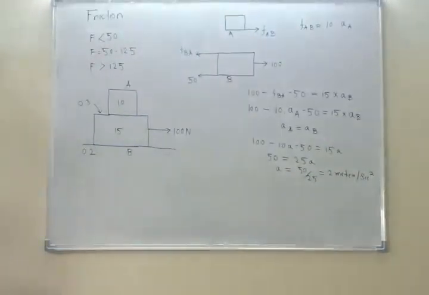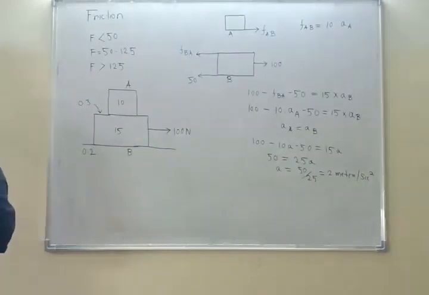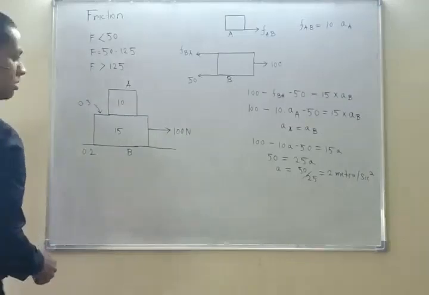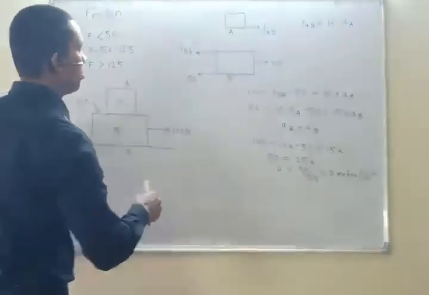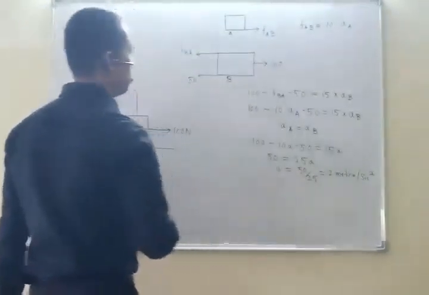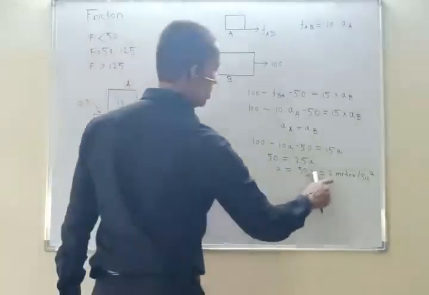It means for a value of 2 meter per second square, they will move together at an acceleration of 2 meter per second square.